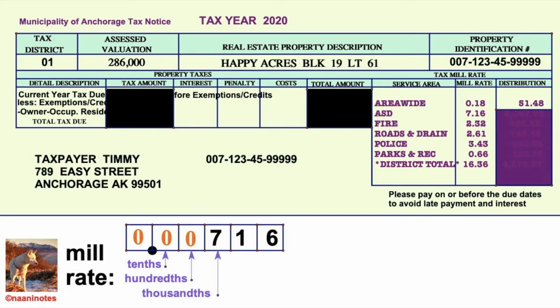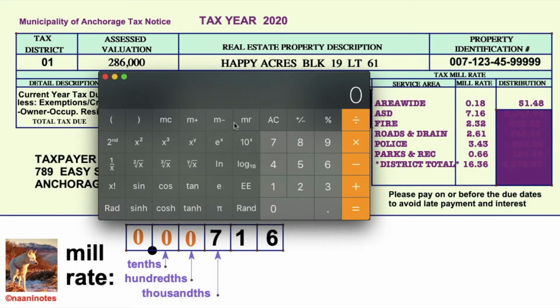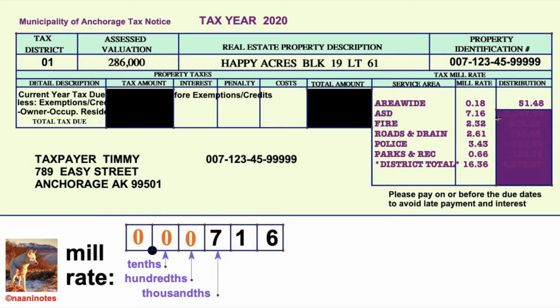Let me get that calculator out again. I'm going to clear that, go back to my memory. See, pretty handy, huh? Times 0.00716 equals, heavens to Murgatroyds, 2,000 bucks. Look at that, that's a lot of money. So we're going to scroll that down here.